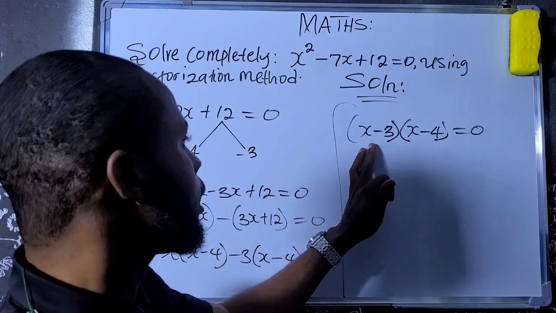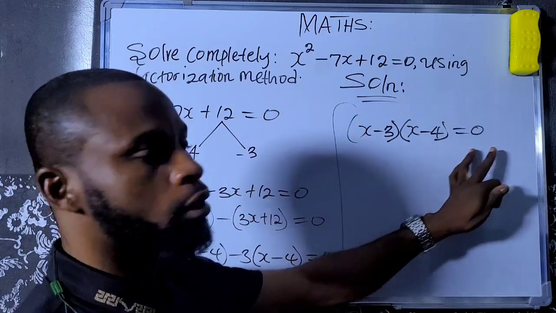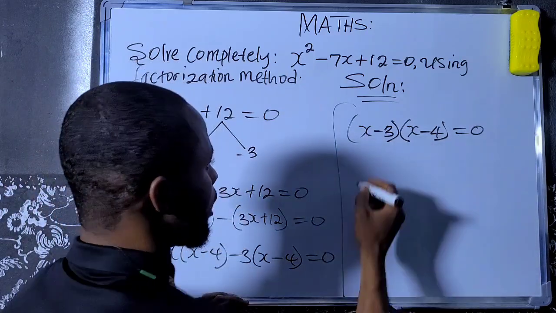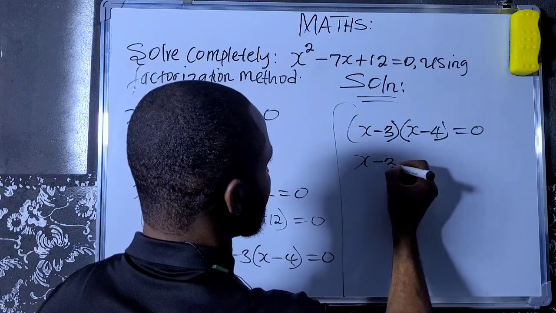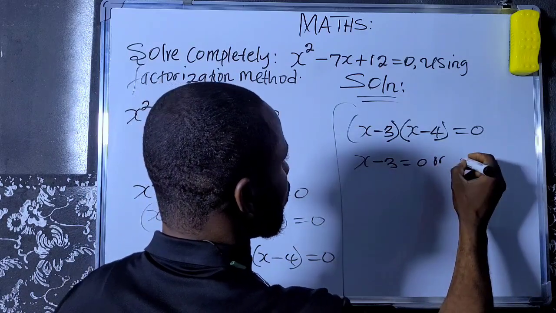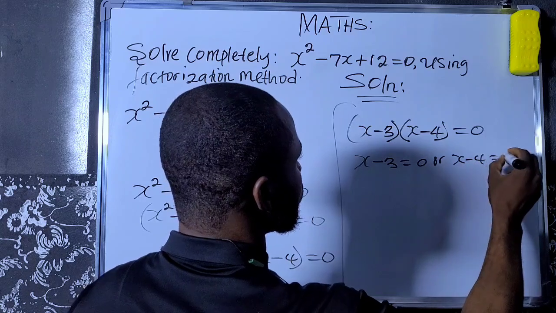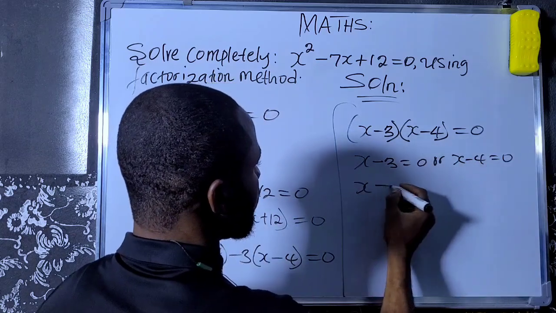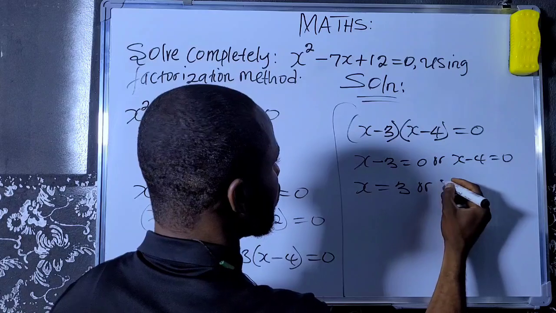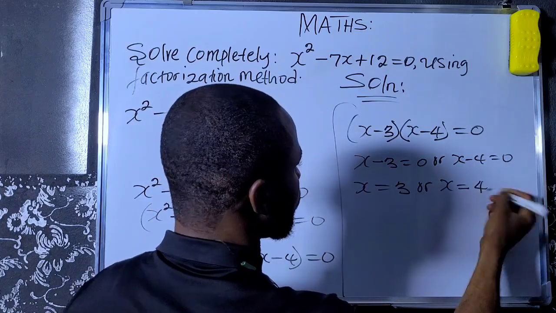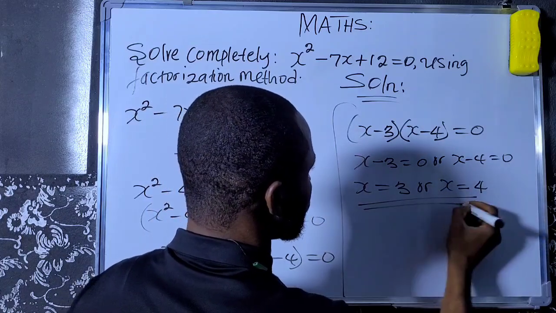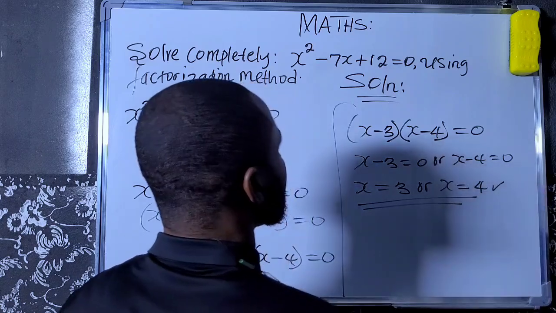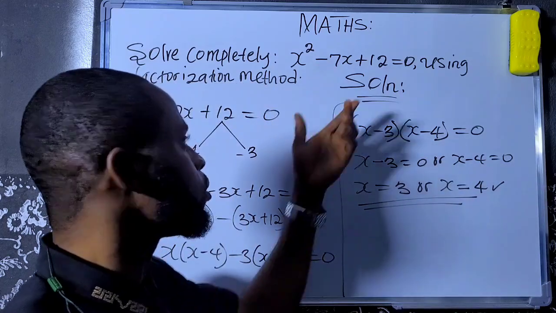Then it is either this equals 0 or this equals 0. We have x minus 3 equals 0 or x minus 4 equals 0. Therefore, x equals 3 or x equals 4. And these are the possible solutions to this equation.